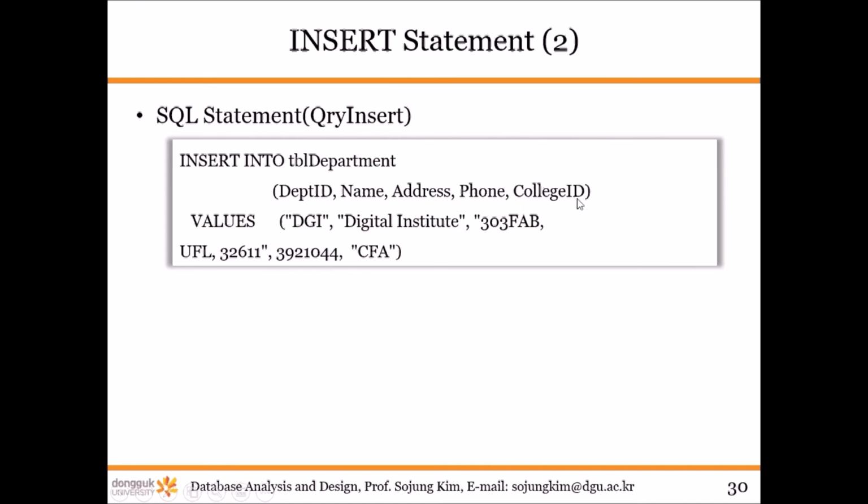And the college ID is CFA. So 1, 2, 3, 4, 5 columns. This table has 5 columns, and then we need the 5 values.